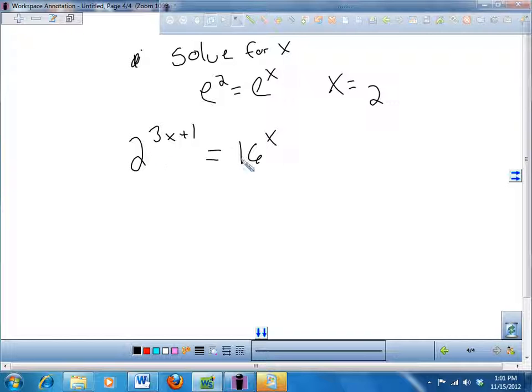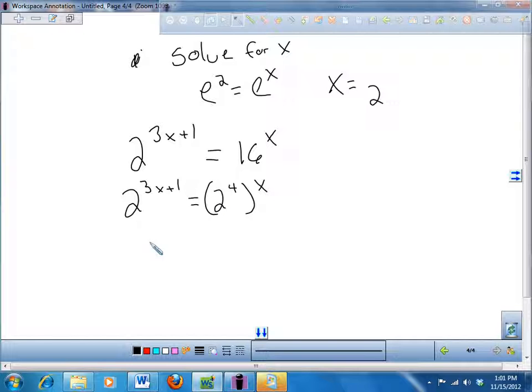So 2 to the 3x plus 1 equals 16 to the x. Anyone know how I do this? Jason knows. I'm trying to factor down 16 until it equals 2. Right. So what you want to do is rewrite things so that they have the same base. This number here is called the base of the exponential. So what Jason said, yep, you want to rewrite 16 as 2 to the 4th raised to the x power.